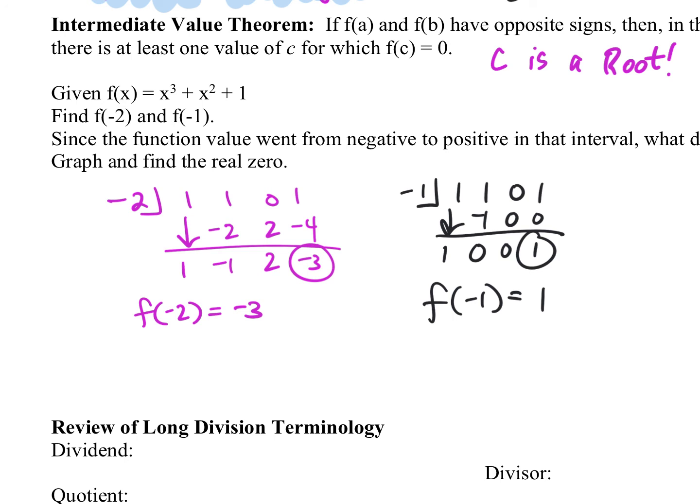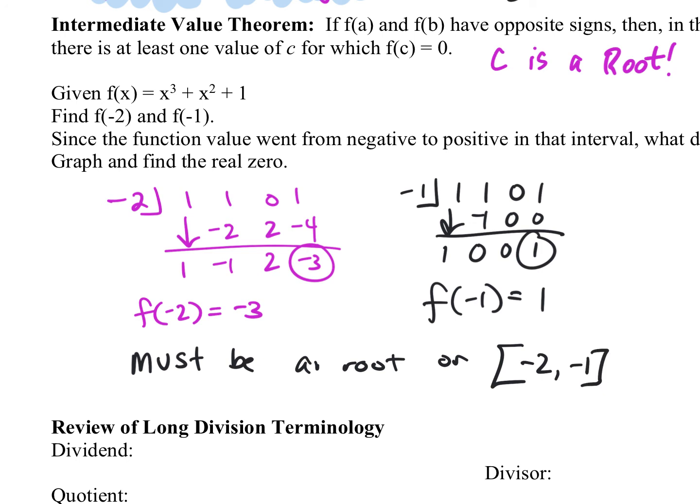Because we go from negative to positive, and because all polynomials are continuous in that they don't have any gaps or jumps or asymptotes or anything like that, there must be a root on the interval negative 2 to negative 1.